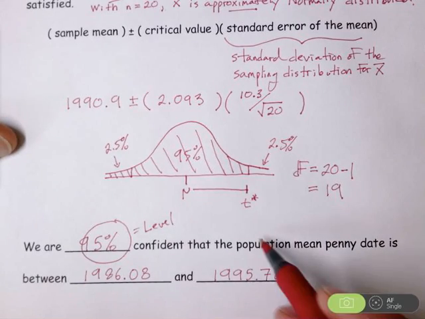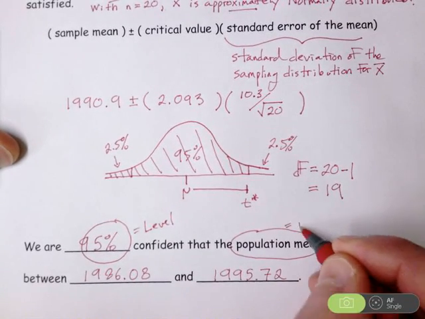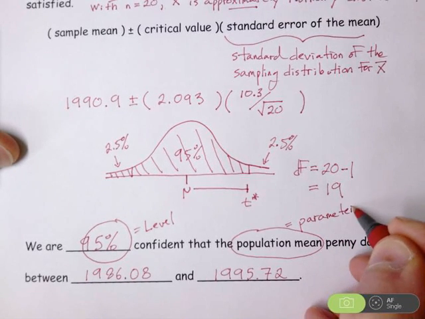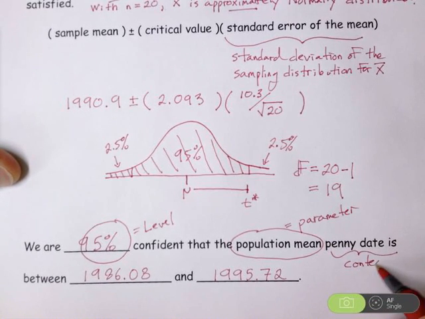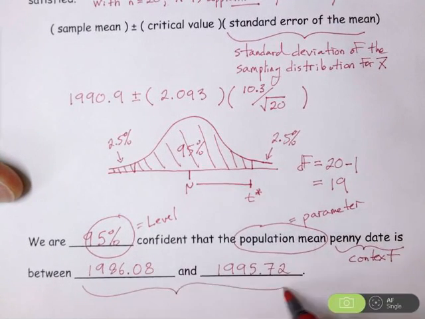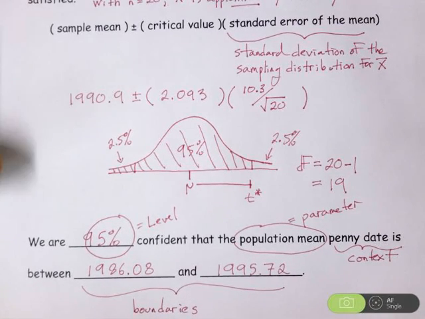You should name the parameter that you are working with, the population mean, and you should put that in context. That's very important. And then, of course, you should give your boundaries for your confidence interval. That is the interpretation of the confidence interval.